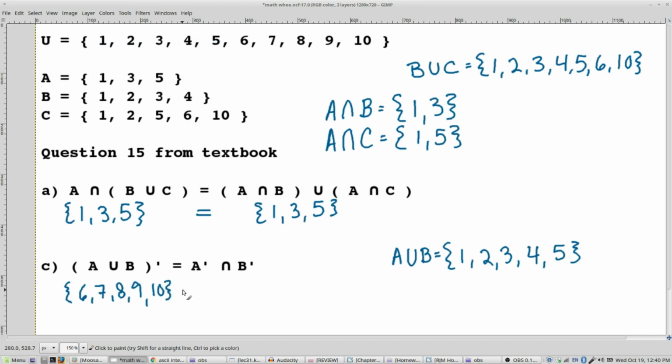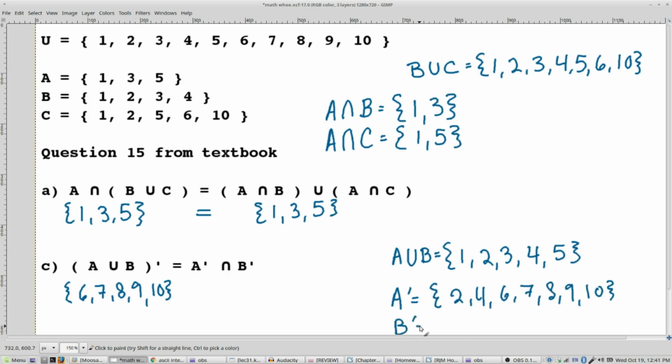And now we need to look at A complement intersection B complement. So A complement is going to be 2, 4, 6, 7, 8, 9, 10. That's a little bit messy. Let's put this over here. A complement: 2, 4, 6, 7, 8, 9, and 10.